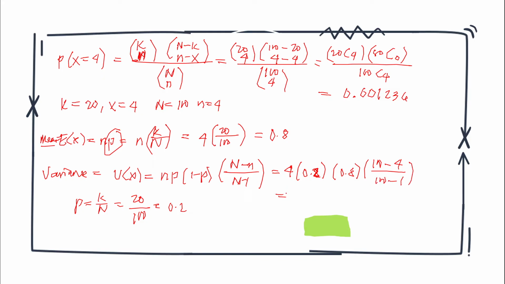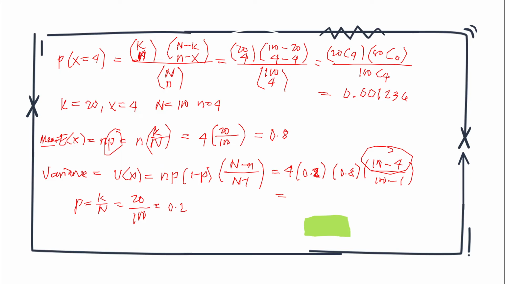So by this calculator, we have here 4 times 0.2 times 0.8 times, this is 100 minus 4, which is equal to 96, over 99.